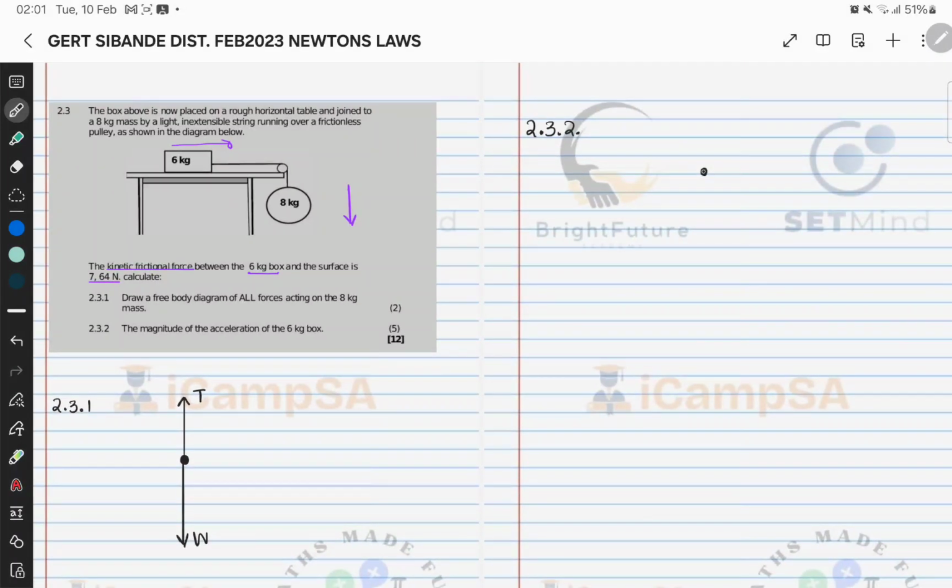For the 6 kilogram block, we would have N, we would have weight, we would have the tension, and then we would have kinetic friction. Usually it's a small f with a subscript k, like this. All right, so we have that. This is for the 6 kilogram block. So then let's start the first method, method 1.